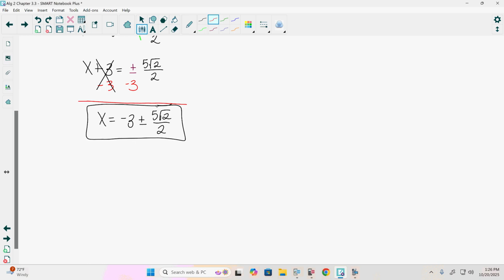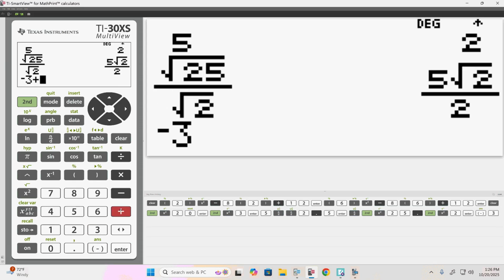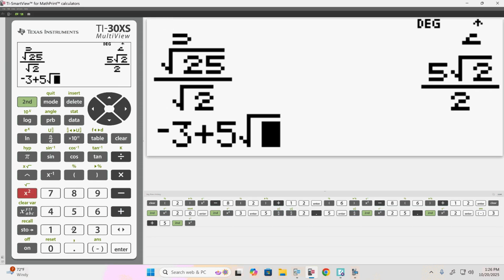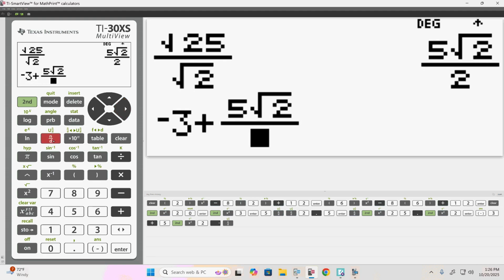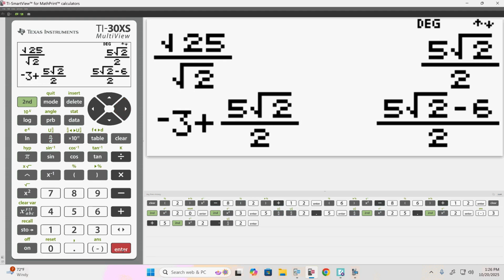Now, if it is simplifiable, if we can combine these terms, we need to. Now, negative 3 and 5 square roots of 2 over 2 are not like terms. Negative 3 plus 5 square roots of 2 over 2 is this here. Now, these are equivalent expressions. They are the same thing, but we're just going to leave it in this form here because 5 square roots of 2 and 3 are not like terms.